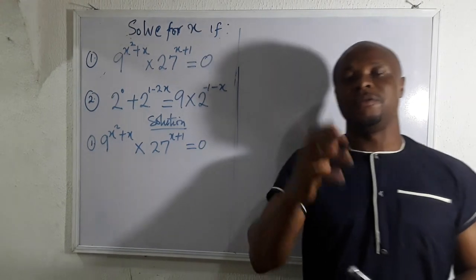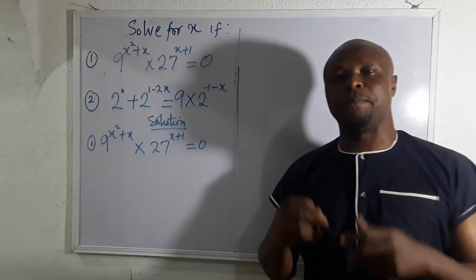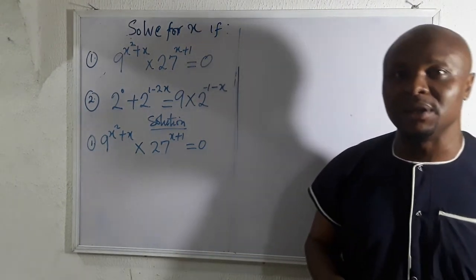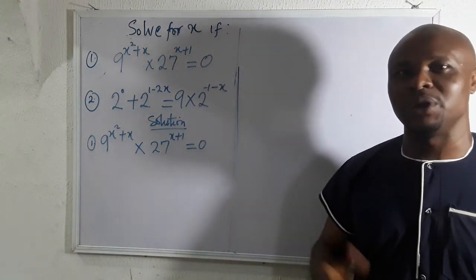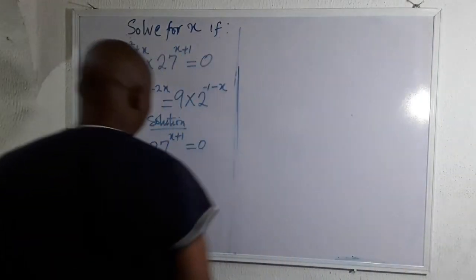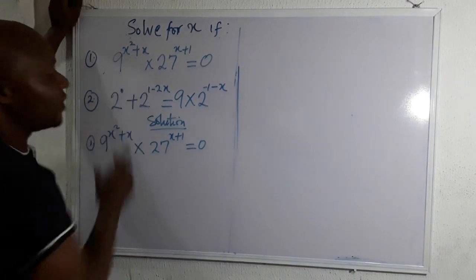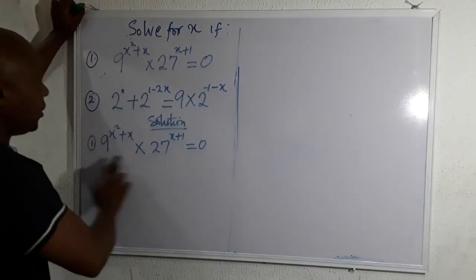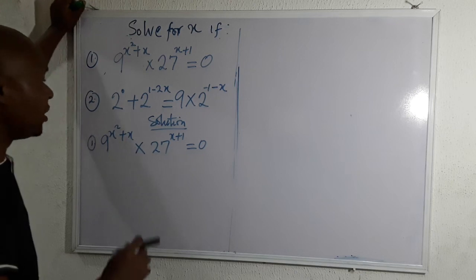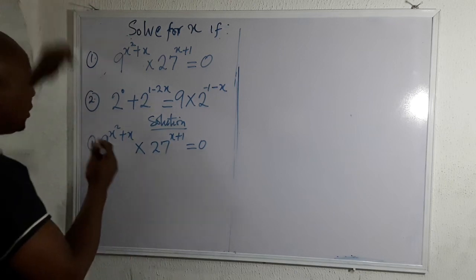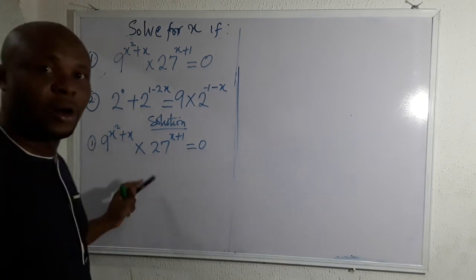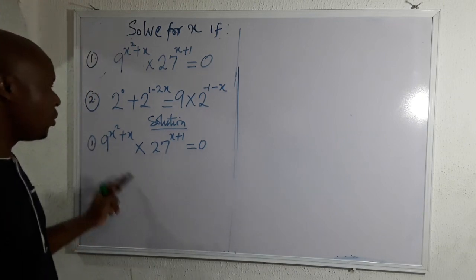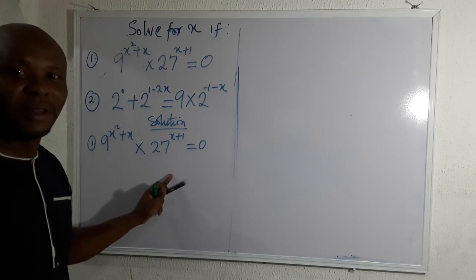In this video we are going to learn about how we can apply some of the laws of indices to solve questions of this nature. So let's begin solving. You can see that in the very first question we have re-expressed it. The bases are not the same, so we can make the bases the same.